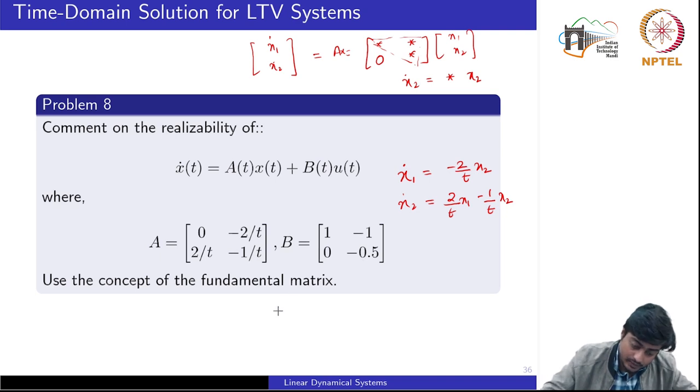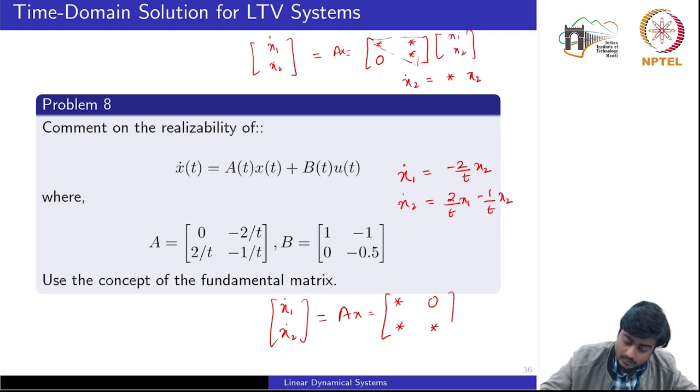In that case, if we want the x1 state to be computed separately, we should have another upper triangular form, which should have some non-zero element, and this should be 0, and this could be a non-zero element. Okay, so if I write the first equation, I would have x1 dot is equal to some non-zero function of time into x1.